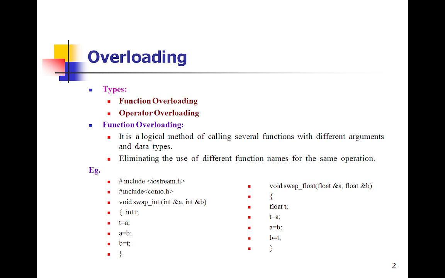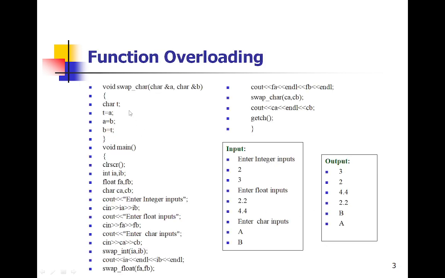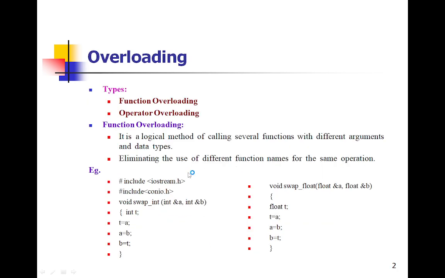The next point is eliminating the use of different function names for the same operations. Here you can see that in this program there are three functions: swap int, swap float, and swap character. A class consists of three functions.